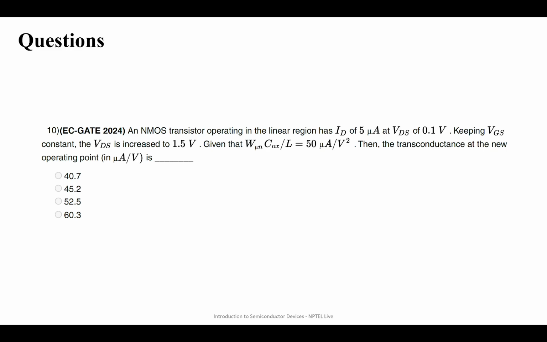An NMOS transistor operating in the linear region has ID equal to 5 microamperes at VDS of 0.1 volts. Keeping VGS constant, the VDS is increased to 1.5 volts.